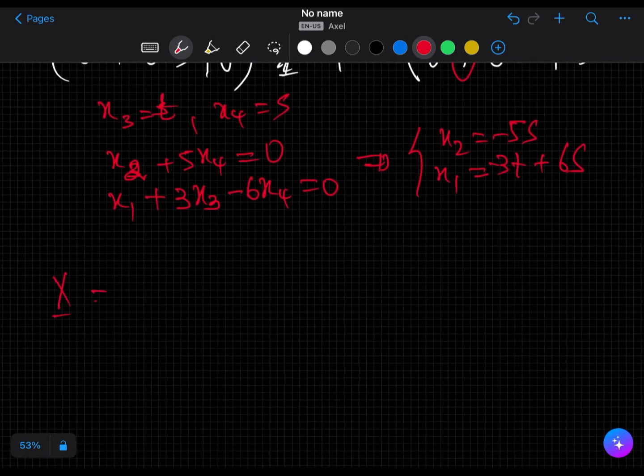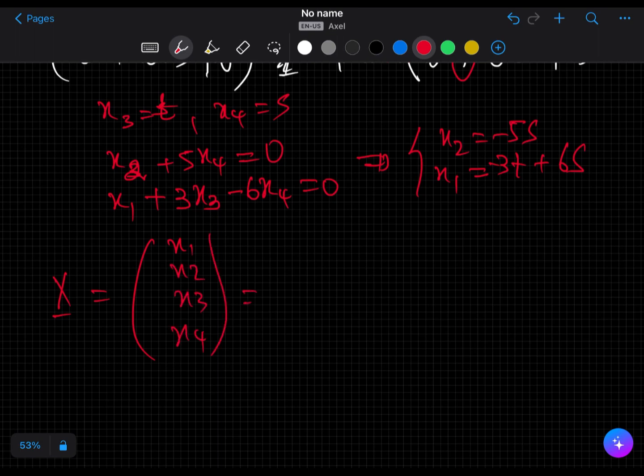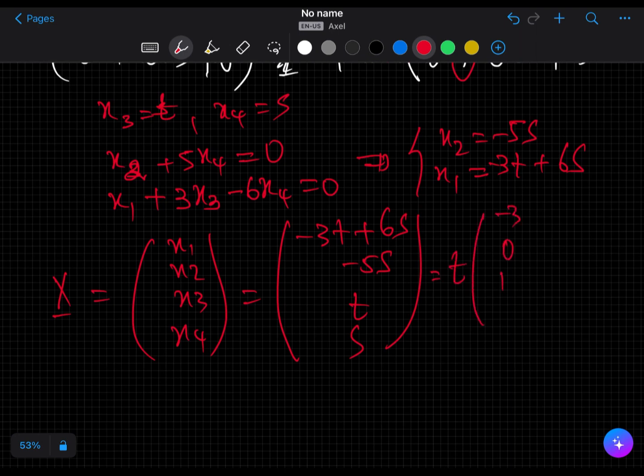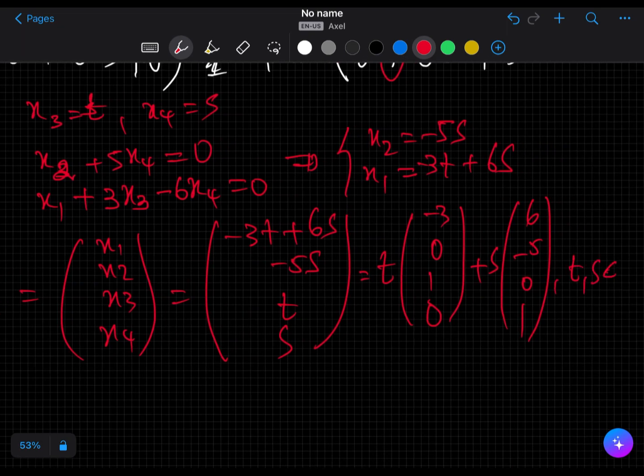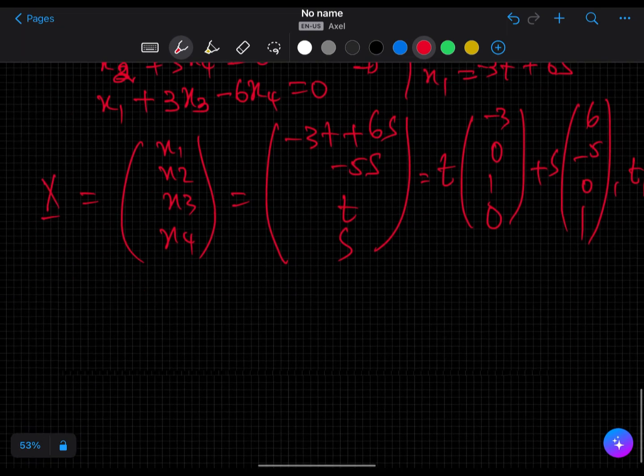So if I want to write my solution x1, x2, x3, x4, this will give me (minus 3t plus 6s, minus 5s, t, s). Splitting it, I have t times (minus 3, 0, 1, 0) plus s times (6, minus 5, 0, 1), with t and s scalars.